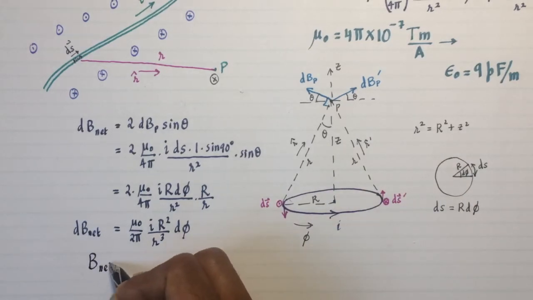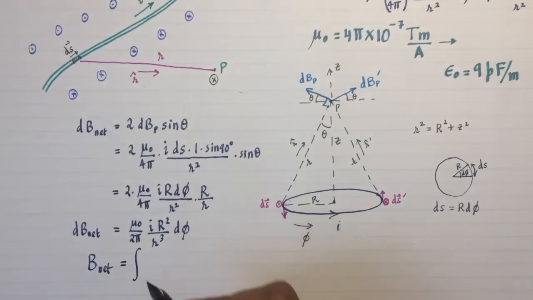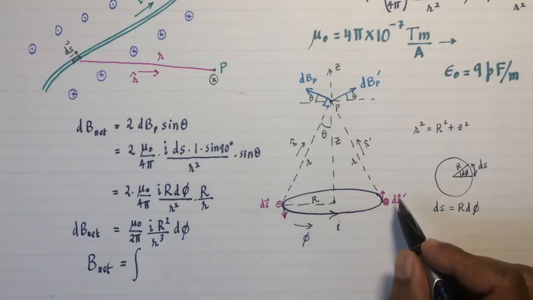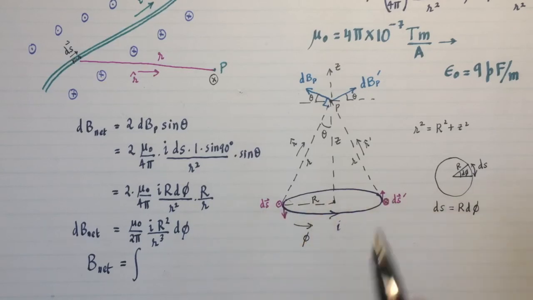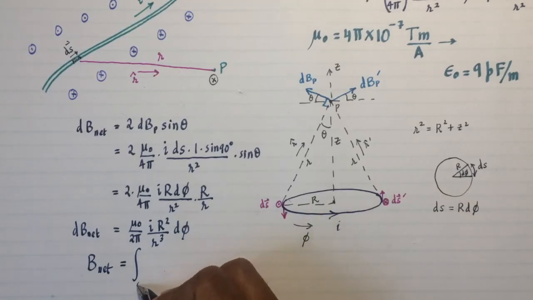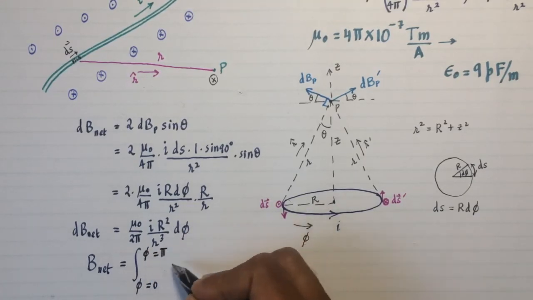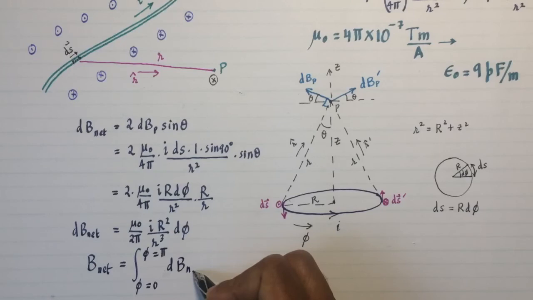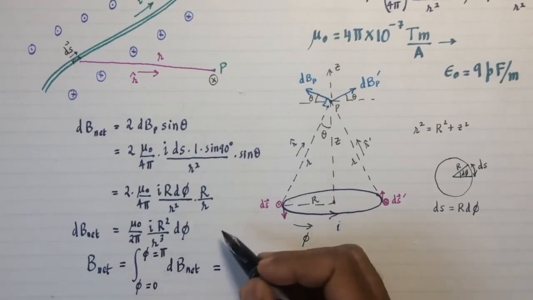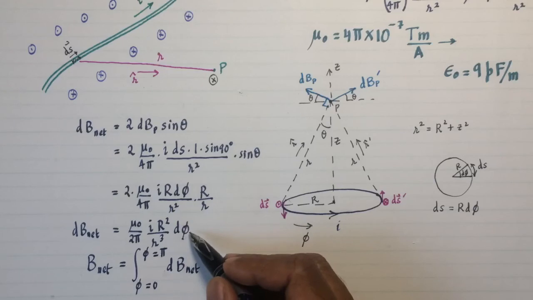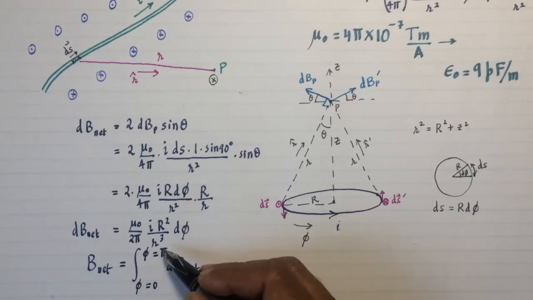The total magnetic field is going to be the integral from where to where. That's where you need to be careful. I have taken just the mirror symmetry elements already, so I can only go halfway. So it's going to be from phi equal to 0 to phi equal to pi of dB net. And when I perform this integration, it's not even worth writing. The integral of d phi is just phi, and when I evaluate phi between the limits, I'm just going to get pi.